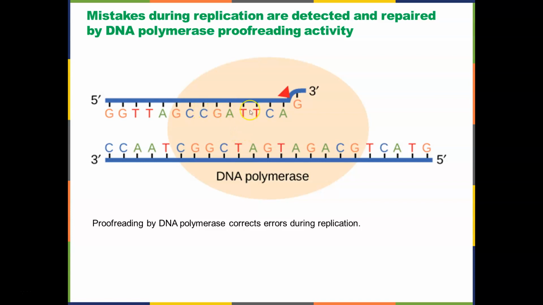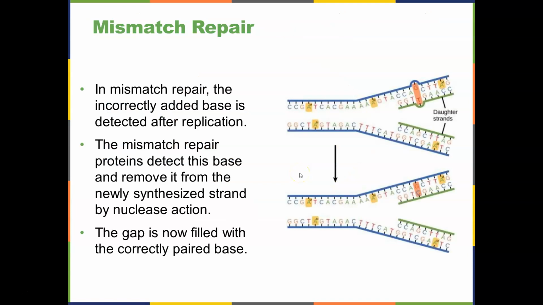As we make a duplication of an existing strand right here, periodically we'll make an error. So here we've got a guanine that's been introduced instead of an adenine right here. For whatever reasons, DNA polymerase introduced this error right here. G does not pair with A, we know that, okay? What's going to happen is when we've got that mismatch, G and T in this particular case, and a G and an A in an earlier example, won't match with each other.